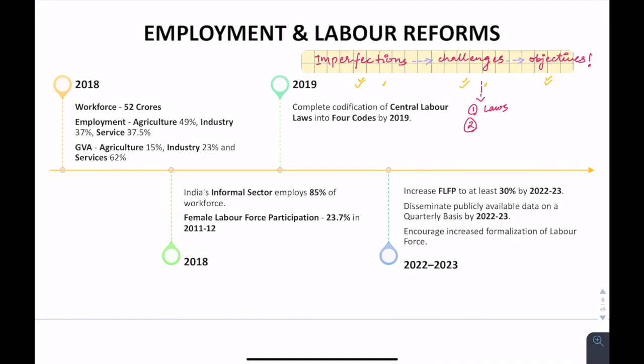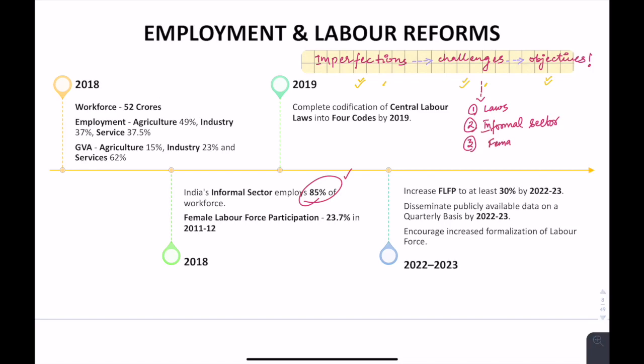Number two, the problem that we're facing is the informal sector. The majority, in fact 85% of the workforce in India, is working in the informal sector. We need to change that and bring them into the formal and organized sector. Number three is labor force participation.